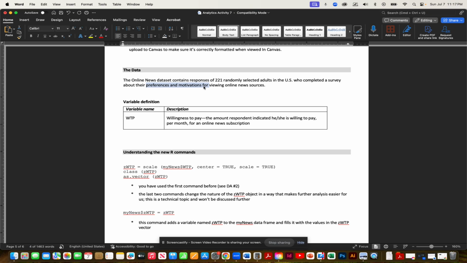So from this sample of 221 adults, we're going to infer things about the entire United States, in this case, the willingness to pay for online news.